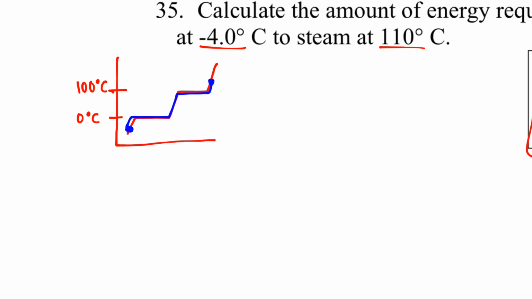Okay. Now remember we mentioned that there were 2 equations we use. Anytime you have a slant or a diagonal, you're using Q equals mc delta T, because only on the diagonals is the temperature changing.